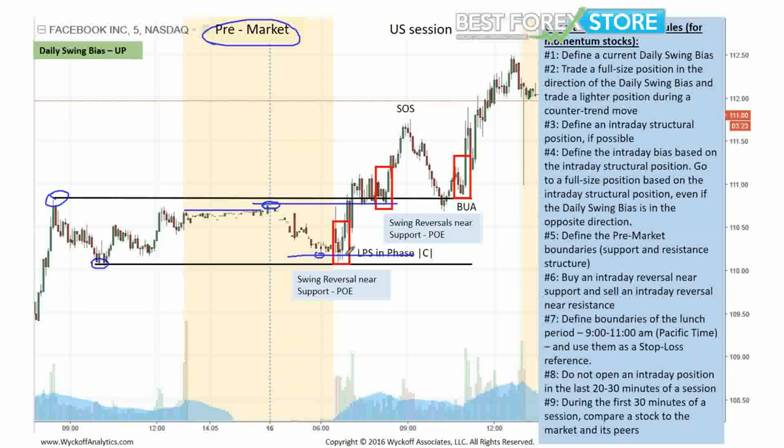If my daily swing bias at this point is up, and I'm looking for all of the signals to the upside, then my favorite signals are all going to be around support area. And all three signals that I'm showing here are all near the support.